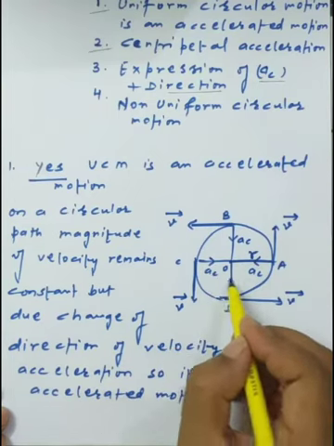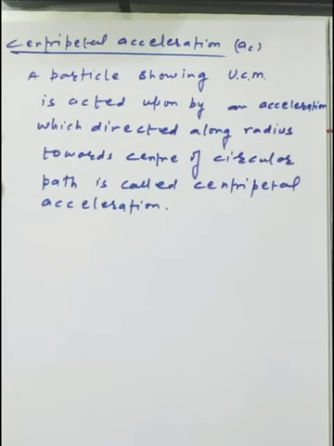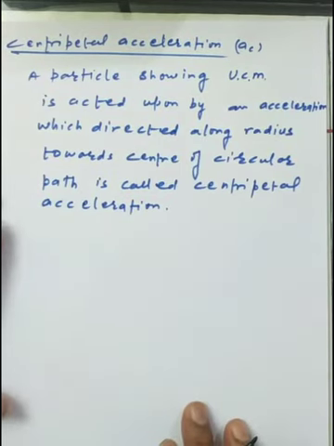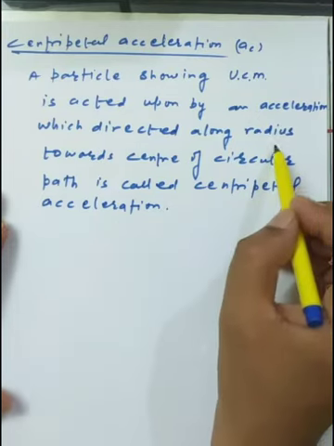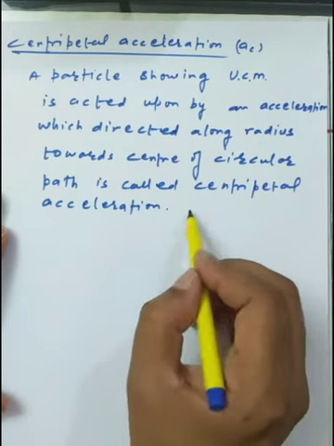All the time whenever the particle is moving on a circular path, necessarily its direction is towards the center along the radius. So how is it possible? We will discuss in the derivation how we arrive at the formula of the centripetal acceleration. A particle showing uniform circular motion is acted upon by an acceleration directed along the radius towards the center of the circular path, called the centripetal acceleration.